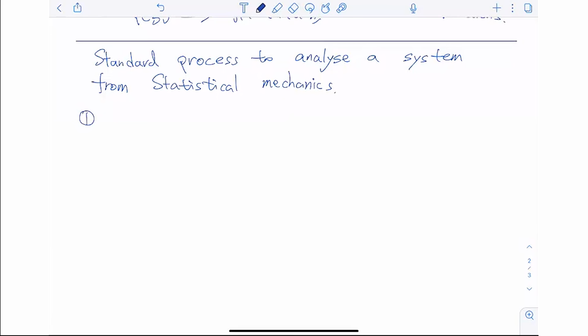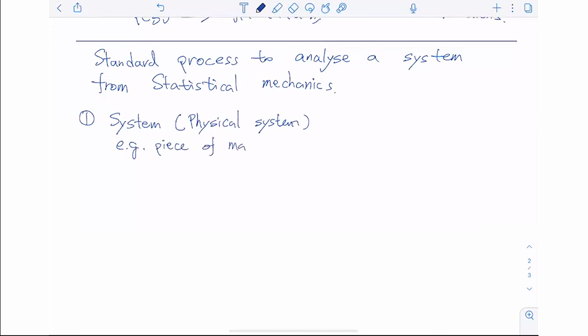So usually when we want to analyze a system, what we have in mind is actually a physical system. For example, maybe you have a piece of material or something.